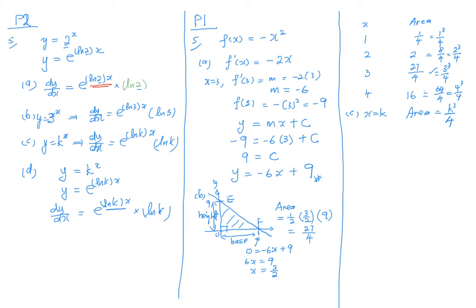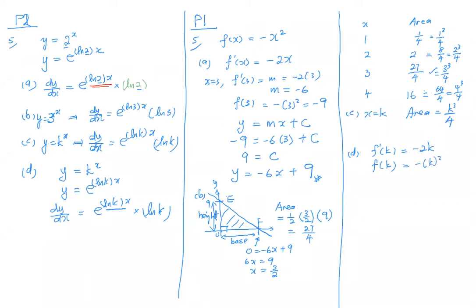If you can't, what you need to do is you prove the conjecture first. All right, you prove the conjecture first. You do part D first. So for part D, to prove the conjecture, I have to do part A and part B all over again. But this time I use x equal to k. So I put f prime k equal to -2k, f k equal to negative k squared.